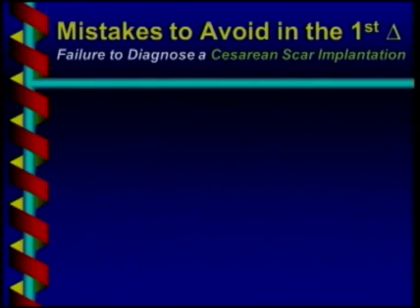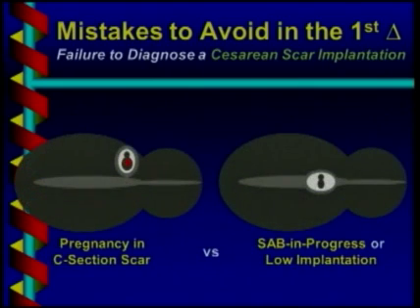Yet another mistake to avoid in the first trimester is failure to diagnose a Cesarean scar implantation, a gestational sac implanted in a Cesarean scar. The distinction we're trying to make here is between a pregnancy in a Cesarean section scar as compared to a spontaneous abortion in progress or a low implantation of a pregnancy.